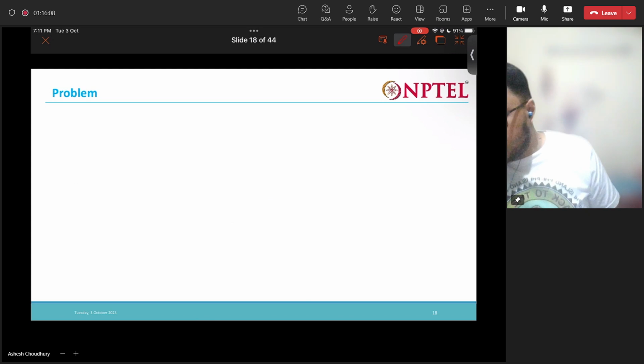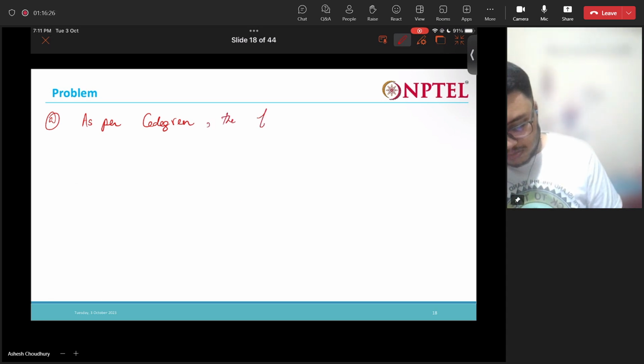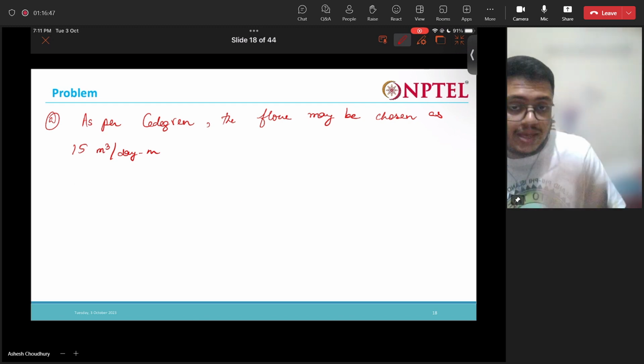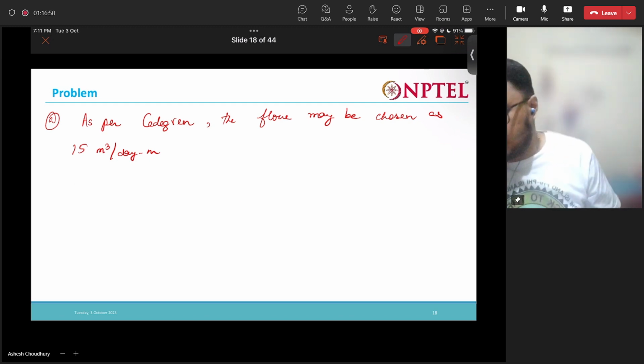Here in Koerner's book, they have selected a certain amount, I will write that: 15 meter cube per day. This is the maximum amount of flow that might be coming.